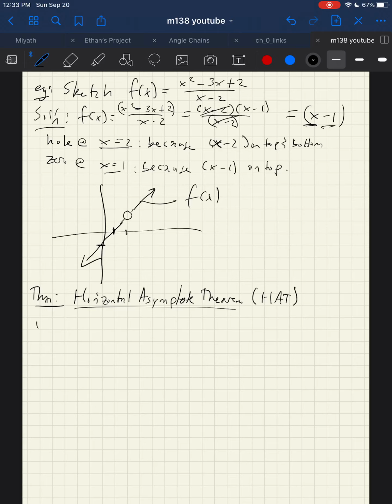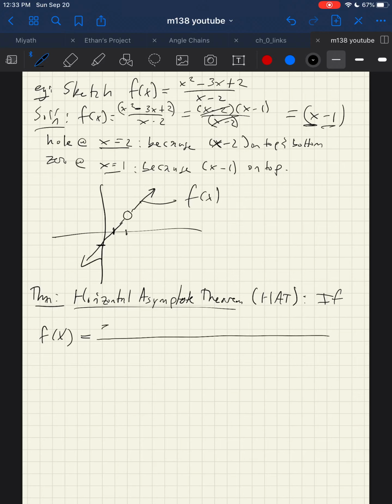Okay, so if f of x equals, and I'm going to make a big nasty ratio here, so leave some space before you start writing stuff down.